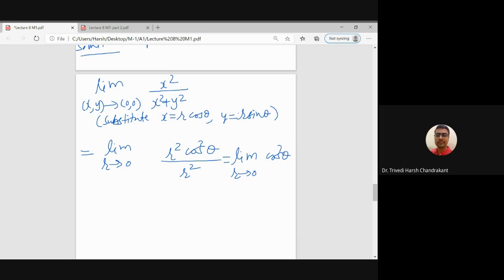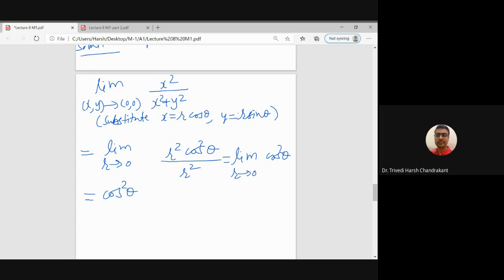So finally now we have the limit as r approaches 0 of cos² θ. Now θ does not depend on r. So cos² θ depends only on θ, it does not depend on r. So therefore the limit of this will be cos² θ. So it is like the limit of a constant.